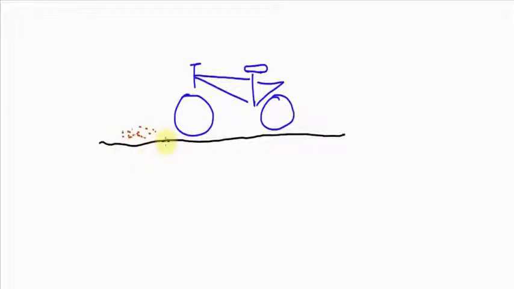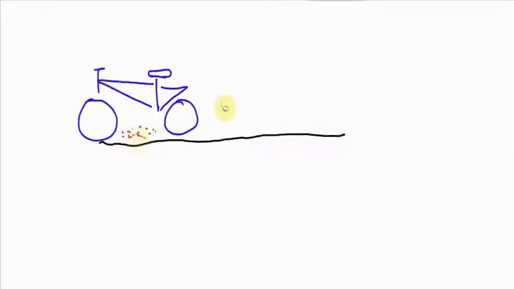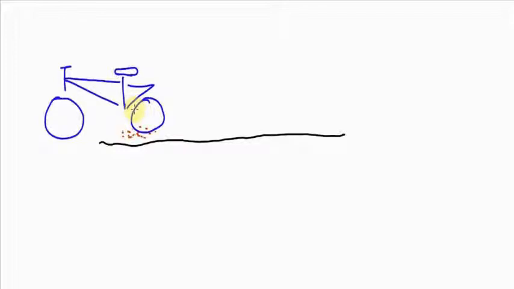We approach the patch of sand. The front tire passes over it very smoothly without any problem. But when the rear wheel travels over it, we tend to lose some stability. Some traction is lost. Now, why does this happen?